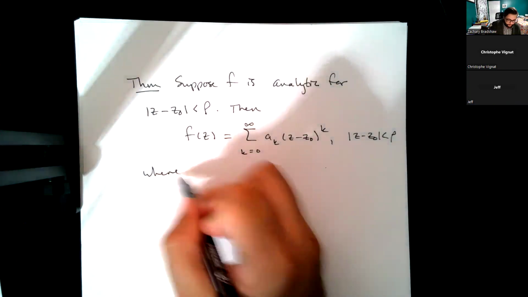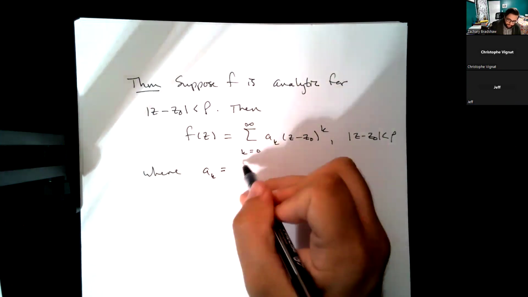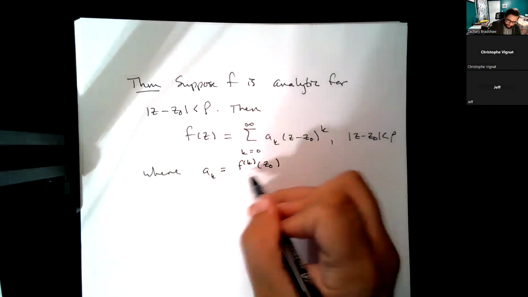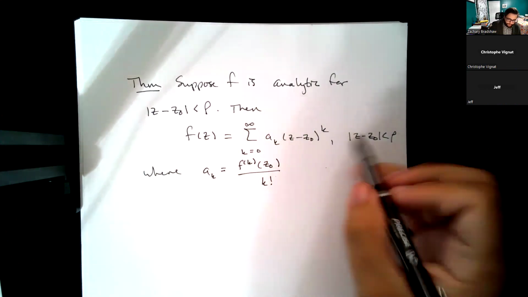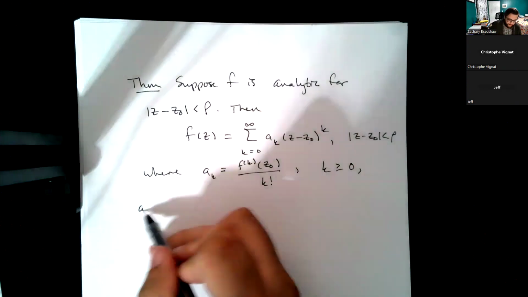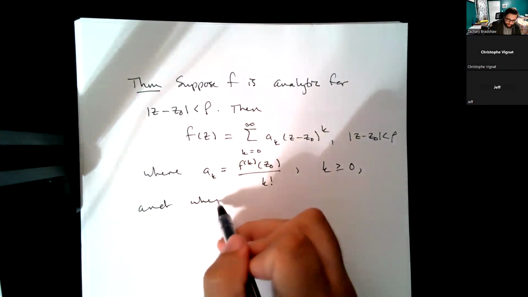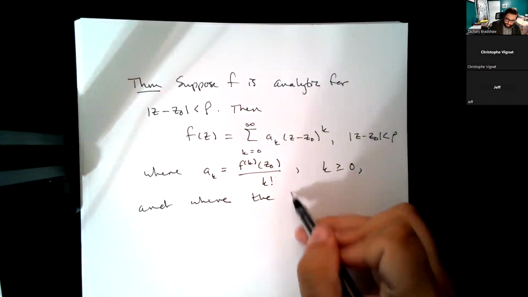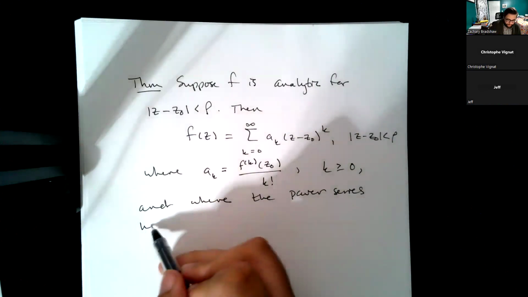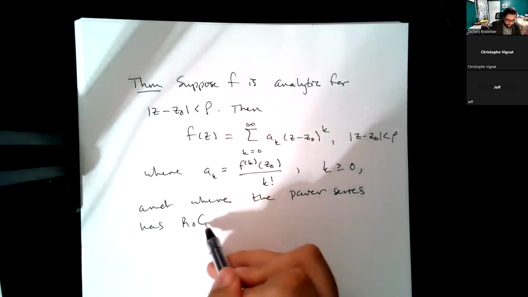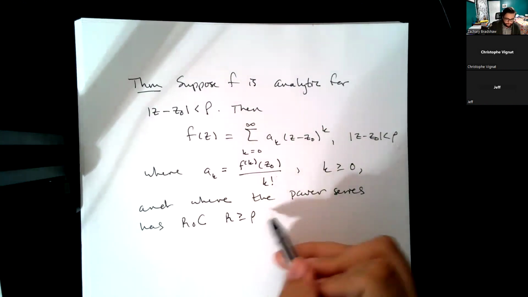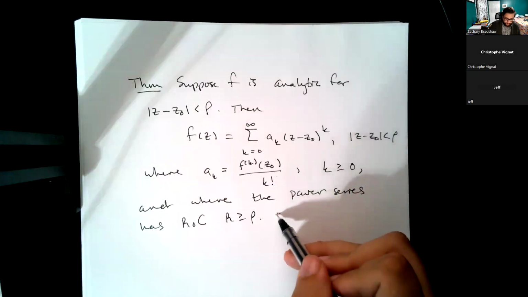Where the coefficients are the kth derivative at z0 over k factorial for k greater than or equal to 0, and where the power series has radius of convergence R, which is bigger than or equal to rho.